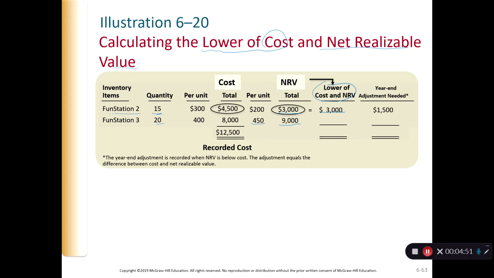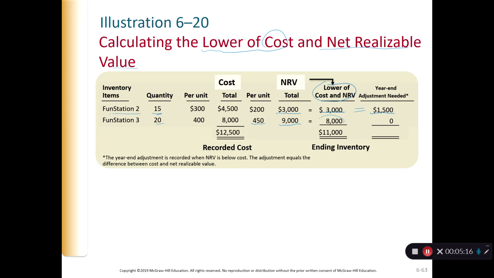So therefore, the year-end adjustment is going to be 4,500 minus 3,000, which is 1,500. On the other hand, because the net realizable value of the Fun Station 3 is still higher than the cost, we will record the ending inventory of 8,000 at its cost without any adjusting entry.